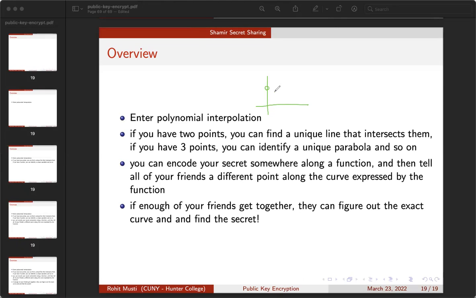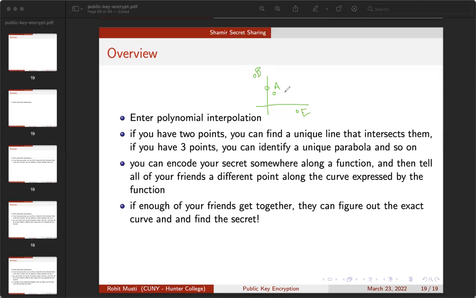And I'm going to give Alice this point, and I'm going to give Bob this point. And I'll give Eve this point. So now my 3 friends, Alice, Bob, and Eve all have 1 point.